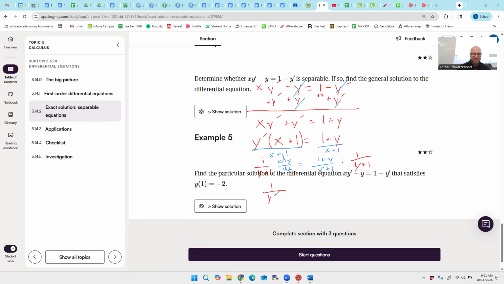It makes more sense in my brain and it's mathematically the same. And final step, I multiply both sides by dx. Well, I guess not final step. Now I got to integrate.